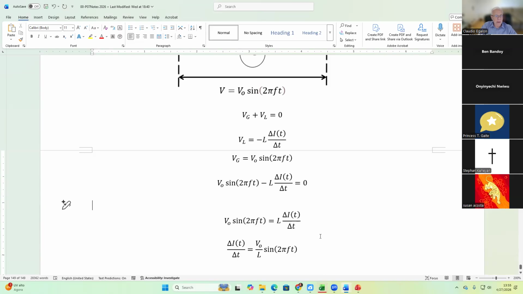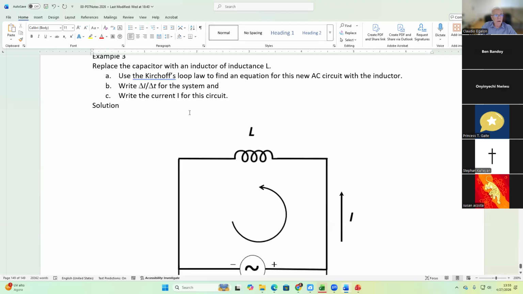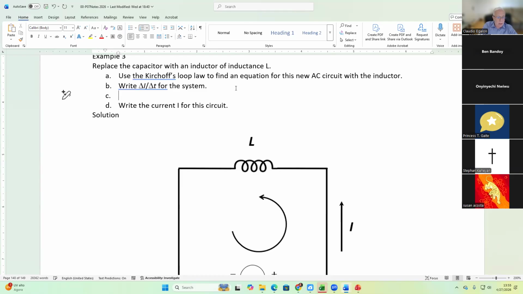And now we can start thinking about the phasor diagrams. Okay, let's add some items here. Here, we're gonna show the phasor diagram for VG and delta I, delta T, right?